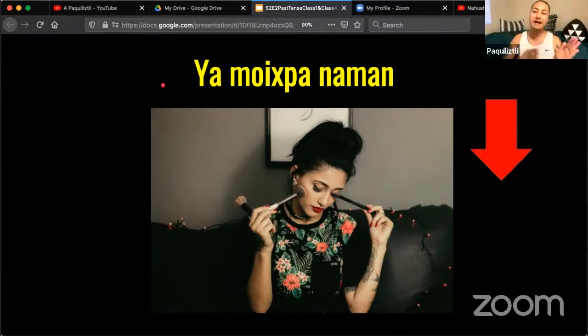So if you go back, I have a lesson called motetla, and in that lesson I tell you about this prefix mo. When you have this mo prefix in front of a verb, it means that the same person who's doing the action is the same person receiving the action. So she is the one doing it to herself. Ya moixpa naman. So she paints her own face to herself.